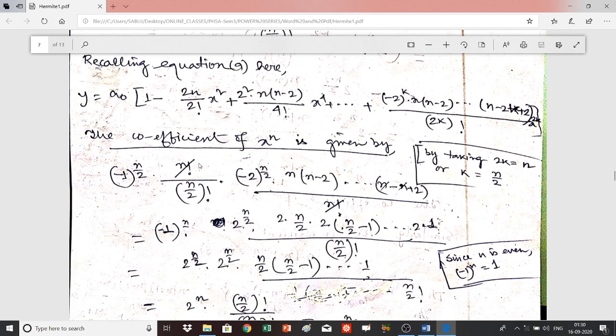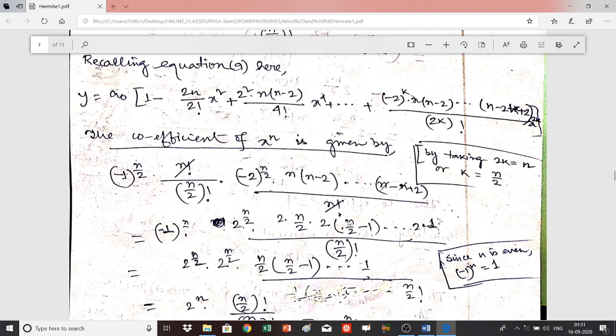So these n factorial will cancel each other, and from here you can separate another term, minus 1 to the power n by 2 into 2 to the power n by 2. So this minus 1 to the power n by 2 and this minus 1 to the power n by 2 will give you minus 1 to the power n, and then 2 to the power n by 2. All other terms can be written as follows: the last term is 2, so it can be written as 2 into n by 2, this term as 2 into n by 2 minus 1, and in this way the last term 2 can be written as 2 into 1, by n by 2 factorial.